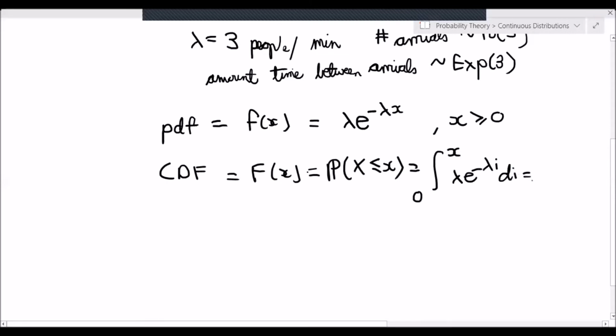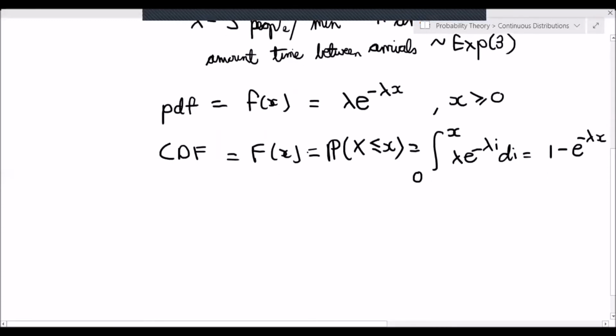And we know that this answer is going to be 1 minus e to the negative lambda x. This is the basics that you need to know. You need to be able to memorize the CDF so that you can quickly use it if you encounter this question in a test.